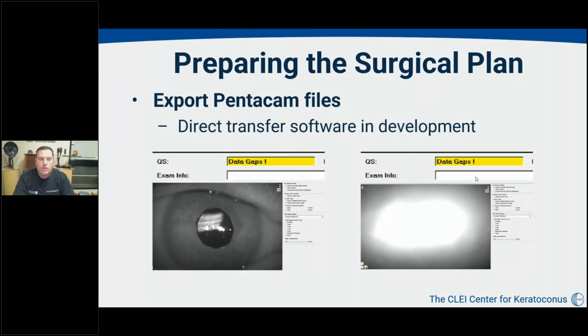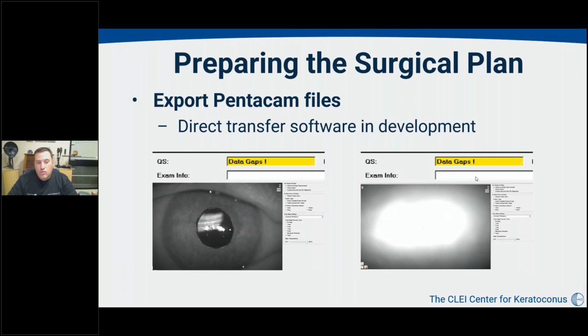That's one of the determining factors, particularly exposure of the pupil, that allows us to plan adequately for the CTAK inlay. You can see in the picture on the left and the picture on the right, even though we actually have the same data gap error, one is capturing a full blink, and one has good exposure with the full pupil that you can see.